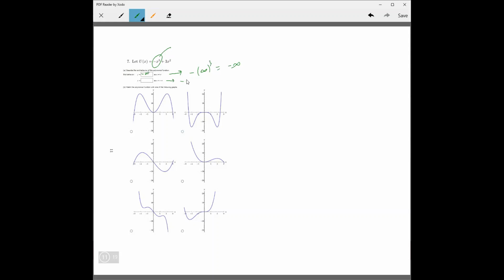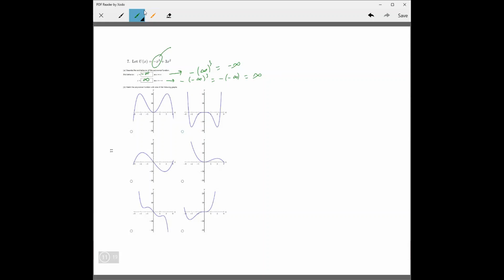As x goes to negative infinity, you have 3 negatives raised to the third power, so that's negative, which goes to positive infinity. So it's negative infinity as x goes to infinity, and it goes to infinity as x goes to negative infinity.